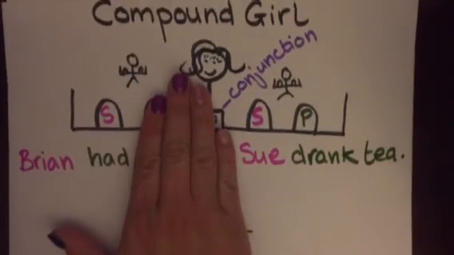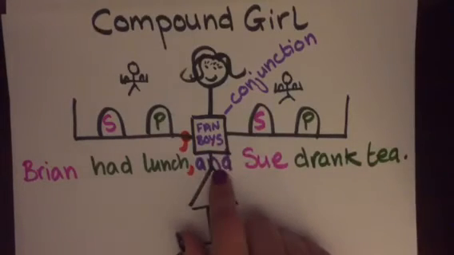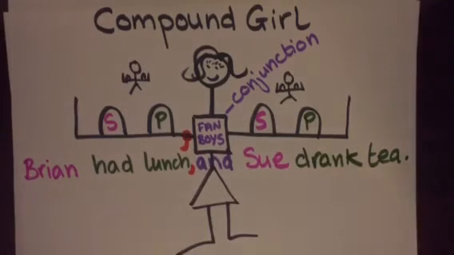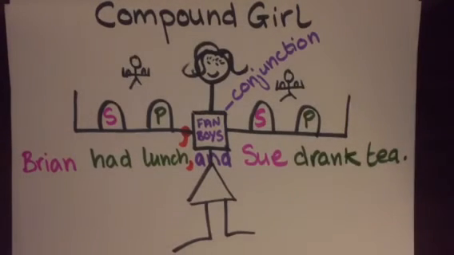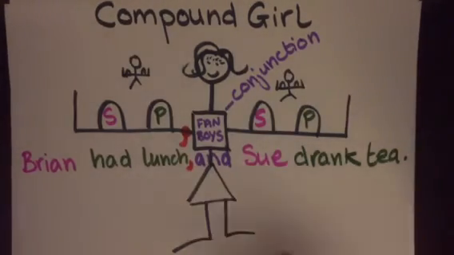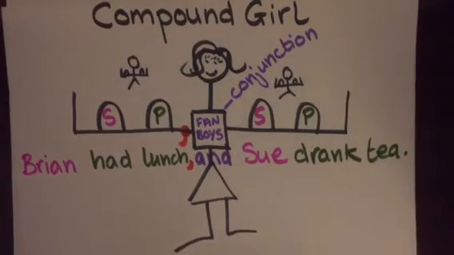Sue drank tea, perfect by itself. But when we combine them together using the glue of a conjunction, we make a much more mature sentence. We must vary the types of sentences that we write so that they're not all very simple and very boring when we write. We need to mix it up. So that includes using compound sentences.